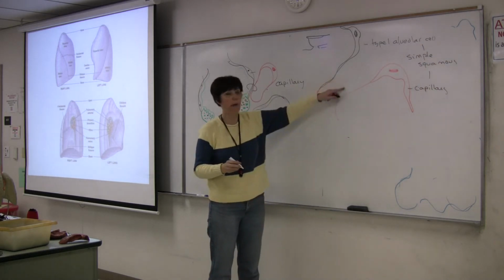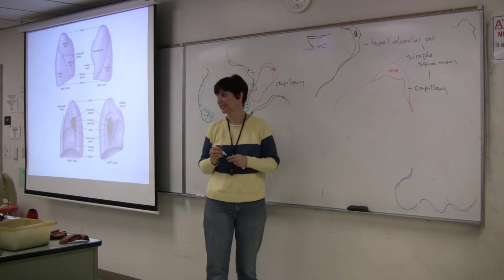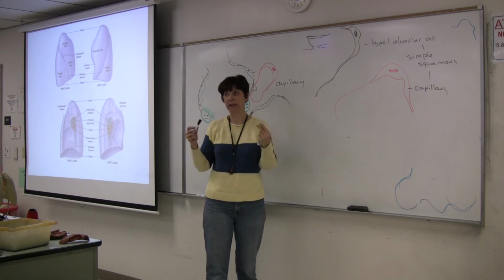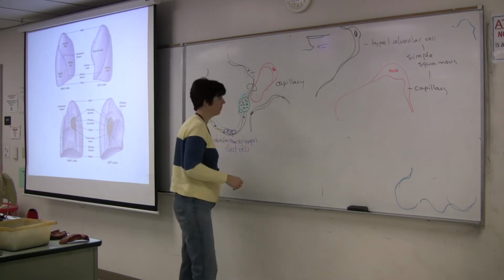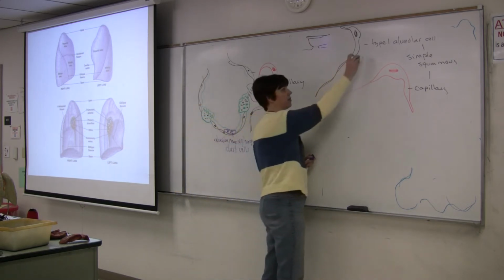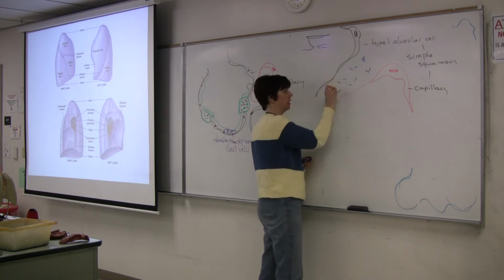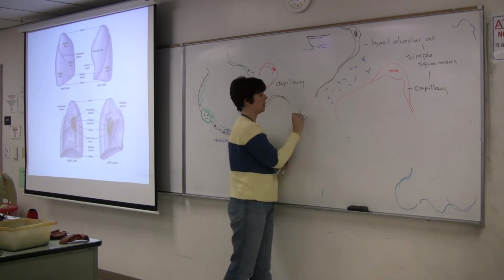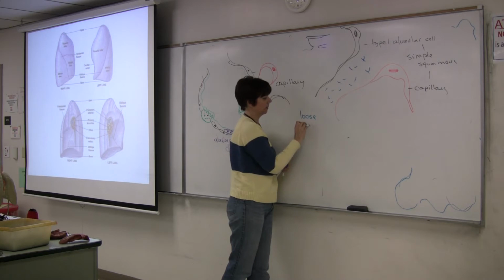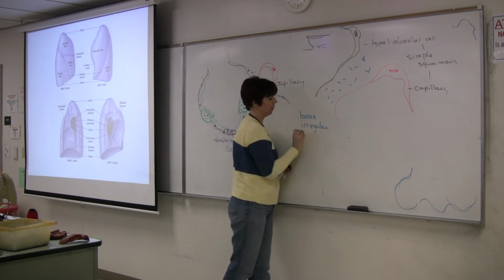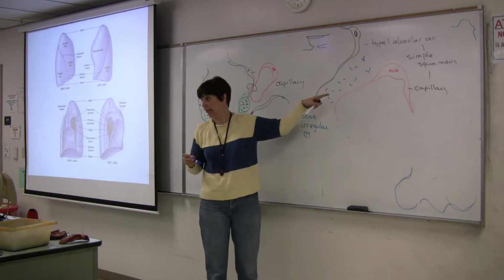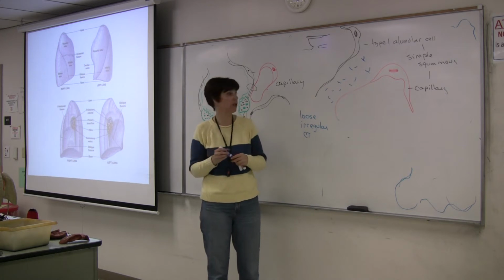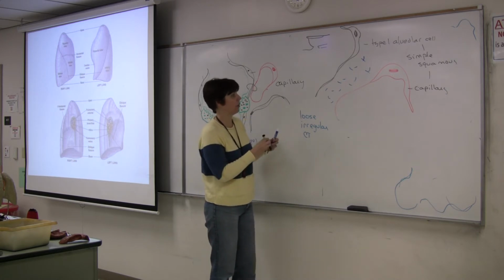Okay? And what would we have in between? Deep to every epithelium is loose irregular connective tissue, and of course the basement membrane. I'm not going to draw the basement membrane, but that would be part of the sandwich. So loose irregular connective tissue. And so that sandwich, the slices of bread being the simple squamous epithelia, and the filling being the loose connective tissue, would be the respiratory membrane.